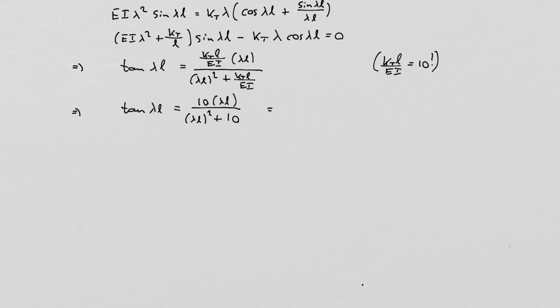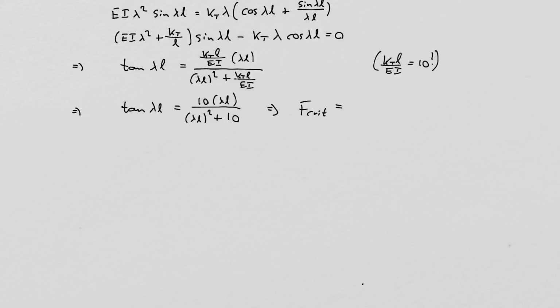So doing that, and inserting the value of lambda, we get that our F critical in this case equals 17.1 as the interesting factor here, times EI divided by L squared.